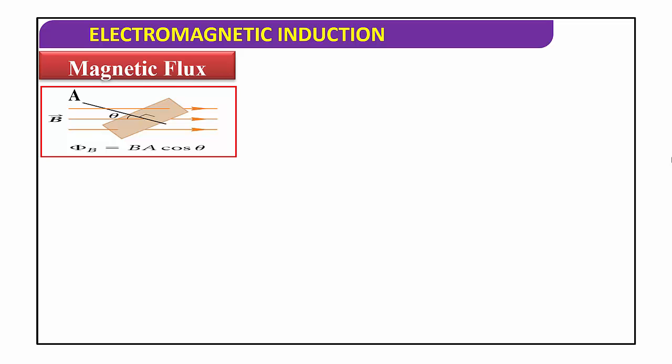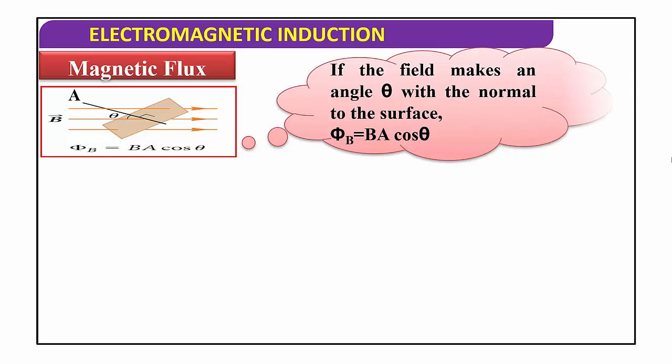If it is denoted by phi B, then it is magnetic flux. Vector B indicates magnetic lines of force or magnetic field. A is what? The given cross-sectional area. What is the equation here? Phi B equal to BA cos theta.